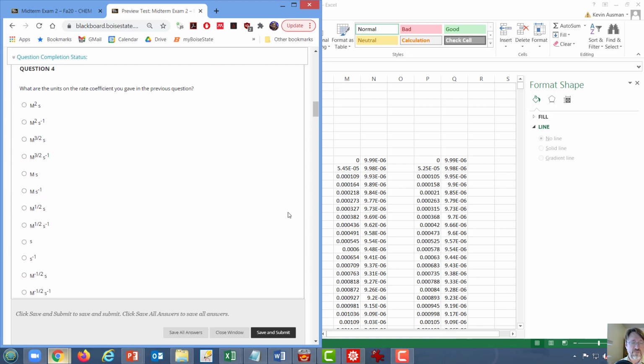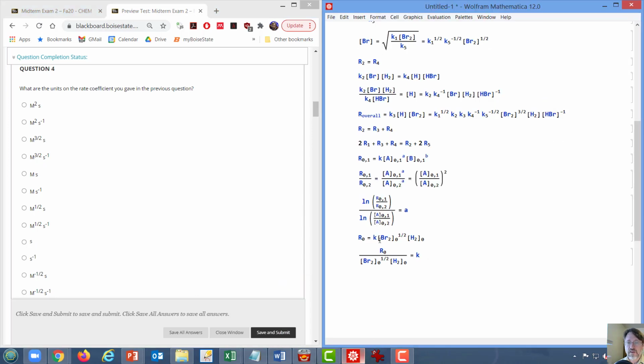Now, what are the units of this? Well, let's take a look at our rate law. We know the rate on the left-hand side has to be in units of molarity per second. We know that H2 is going to be in units of molarity. We know that the square root of Br2 is going to be in units of molarity to the 1/2.